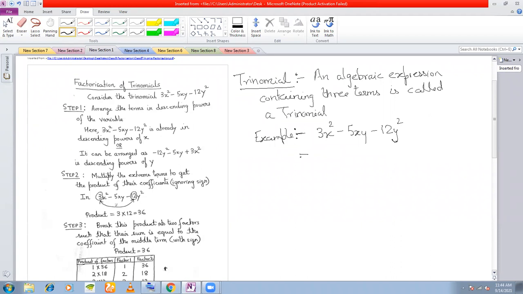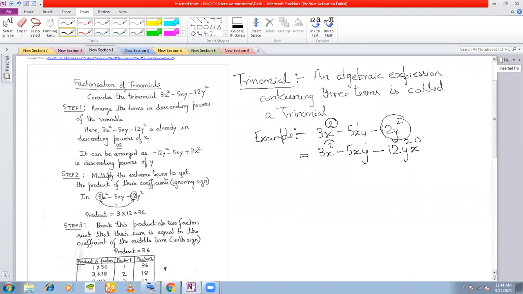If you see, the power of x here is 2. The power of x here is 1. And obviously, you can rewrite it in this manner. Now here you don't have any x, right? But obviously, you know that you can write y squared into x to the power of 0, isn't it? You can write it this way because x to the power of 0 is 1.